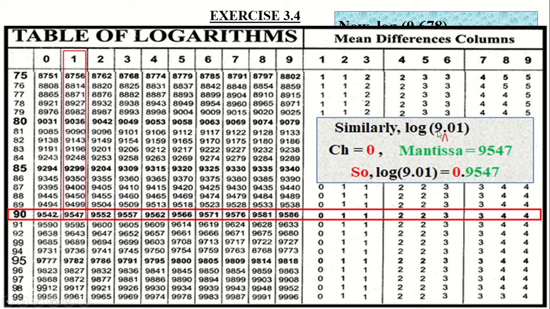So log of 9.01 is 0, this characteristics, then decimal point, and then mantissa. So it is 0.9547.